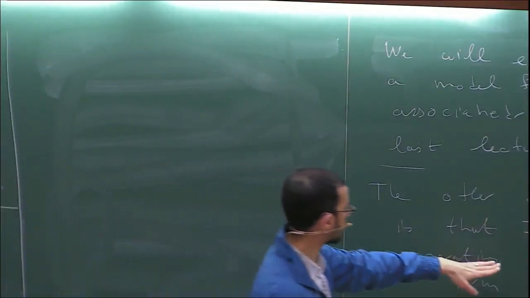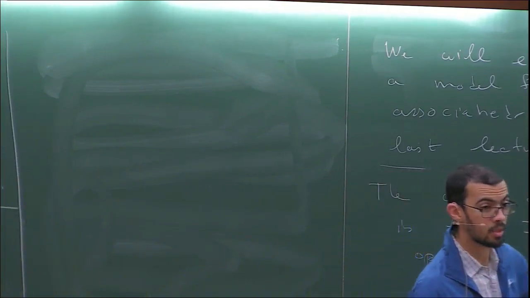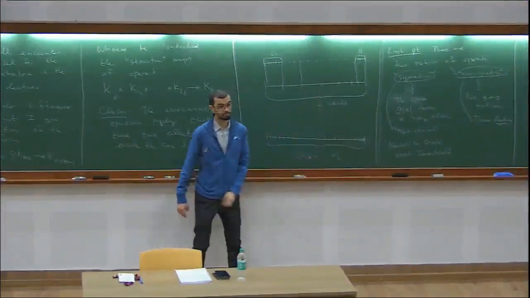So now what I want to do is explain what I mean by K algebra. K was this collection of spaces which are the partitions of the interval into subintervals.